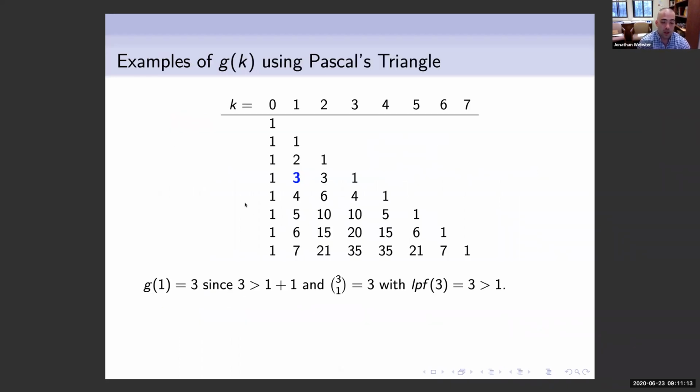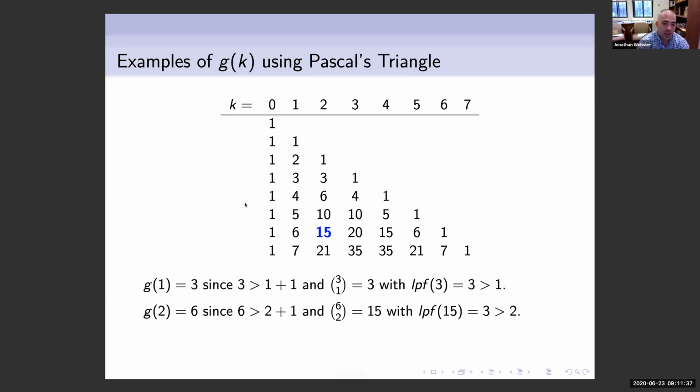So we can go over a few simple examples. The binomial coefficients are most commonly known with Pascal's triangle, and you can just see some of the small examples. We can look at g of 1. 3 choose 1 is 3, and so the least prime factor of 3 is greater than 1, so that's easy to see.